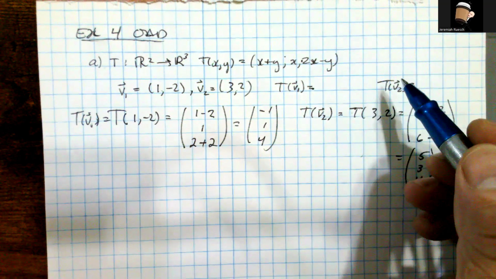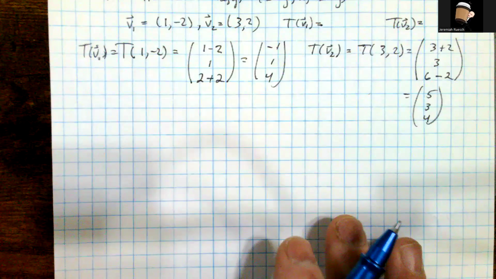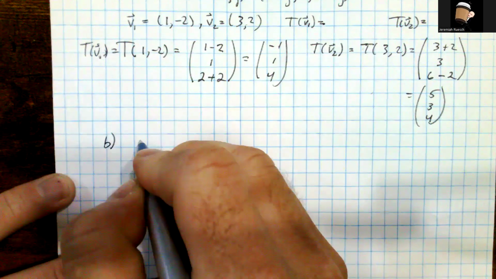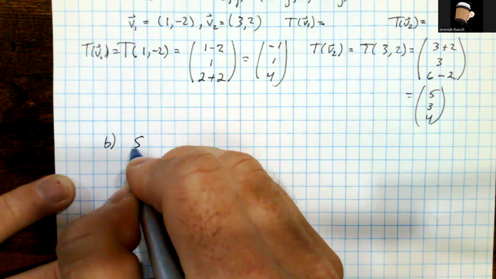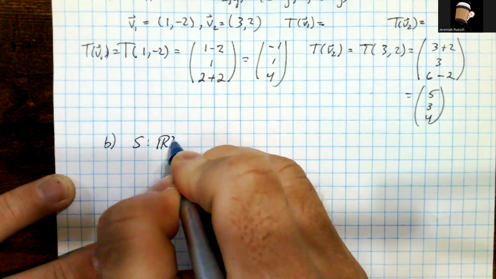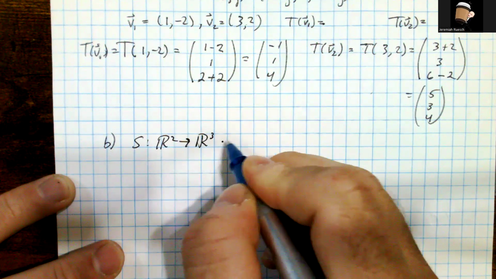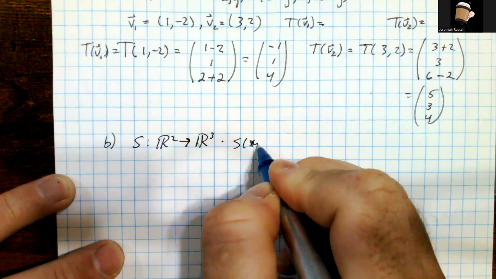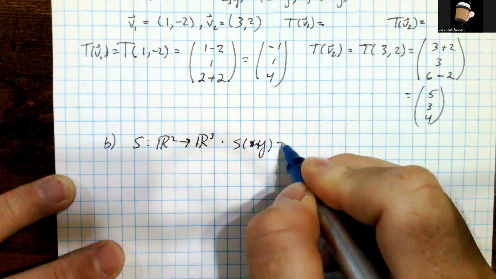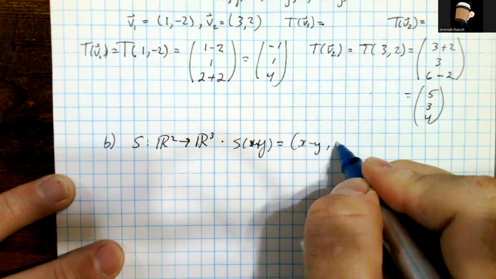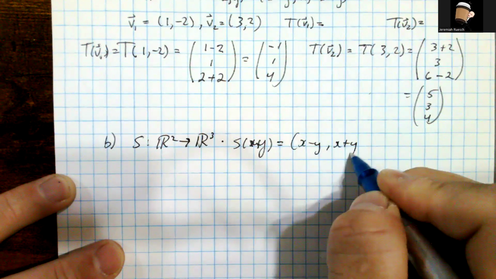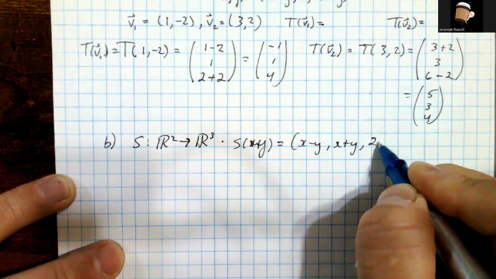Okay, all right, let's go ahead and move on to part B here. B is the transformation. So S is a function from R2 to R3, and S is defined by the relationship (x - y, x + y, 2y).